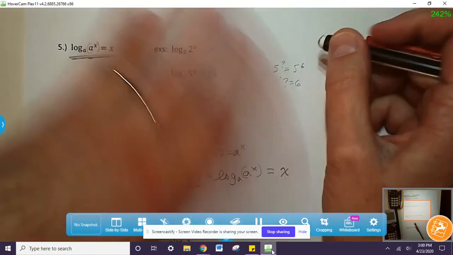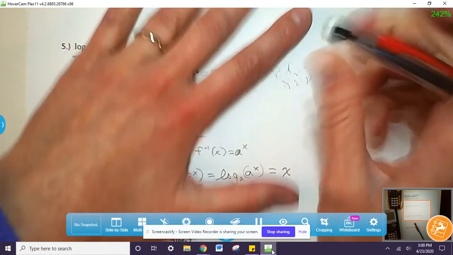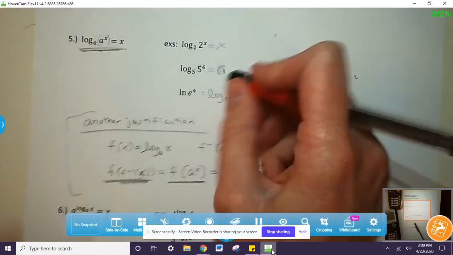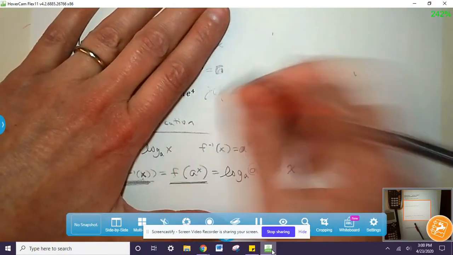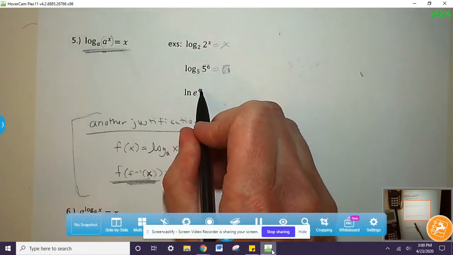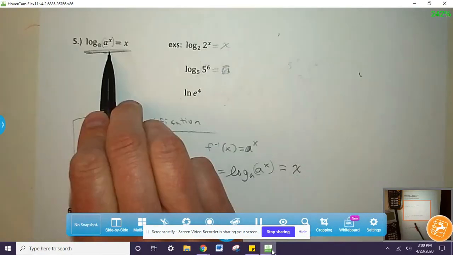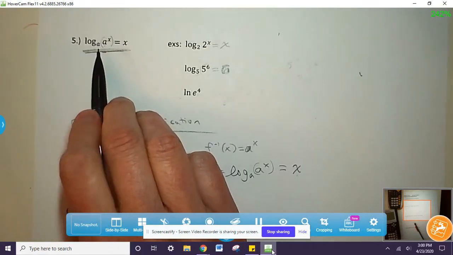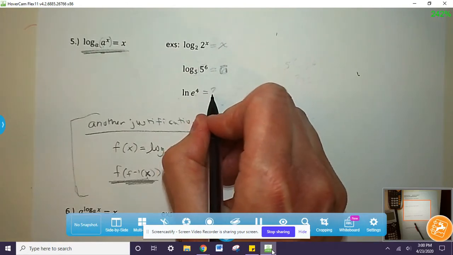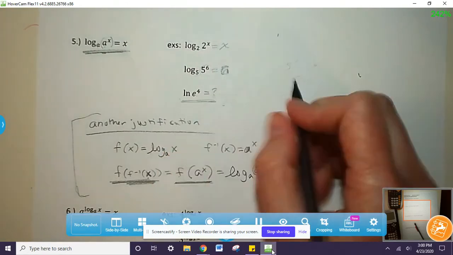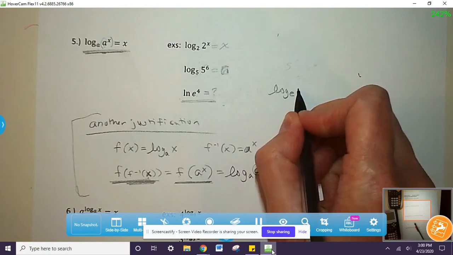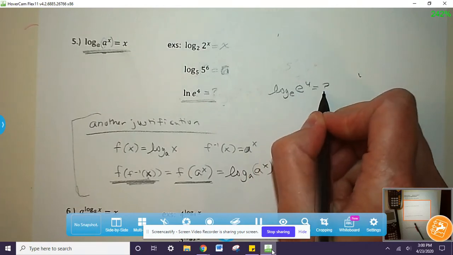Okay, so take a look. Let me take you back here one more time. All right, so no stress. If you had to evaluate natural log of e to the 4th and you did not recognize that it was this situation or you didn't memorize this property, no big deal. You're solving this equation. So you know this is log base e of e to the 4th equals some power.